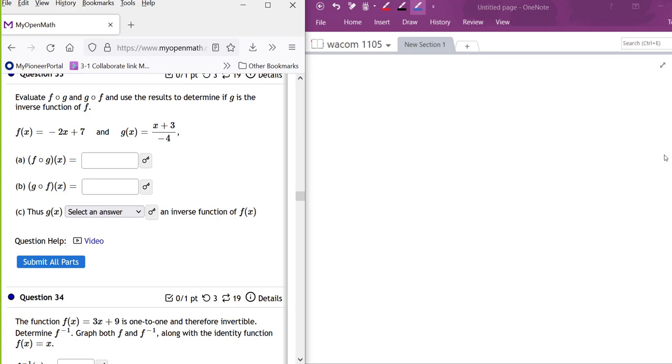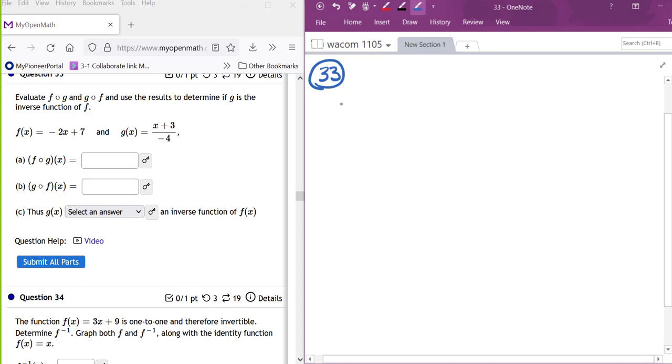So we will do F composed of G. It's a good time to practice our compositions anyway. All right, and whichever one is closer to the X is the one going on the inside. So G is going inside of F. So I'm going to go ahead and write F, and then into the X, I'm going to put the G. So I need parentheses here.